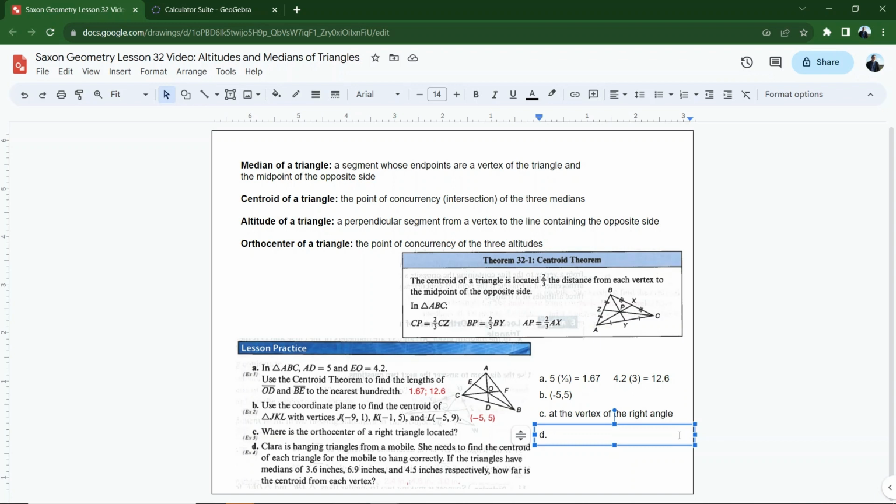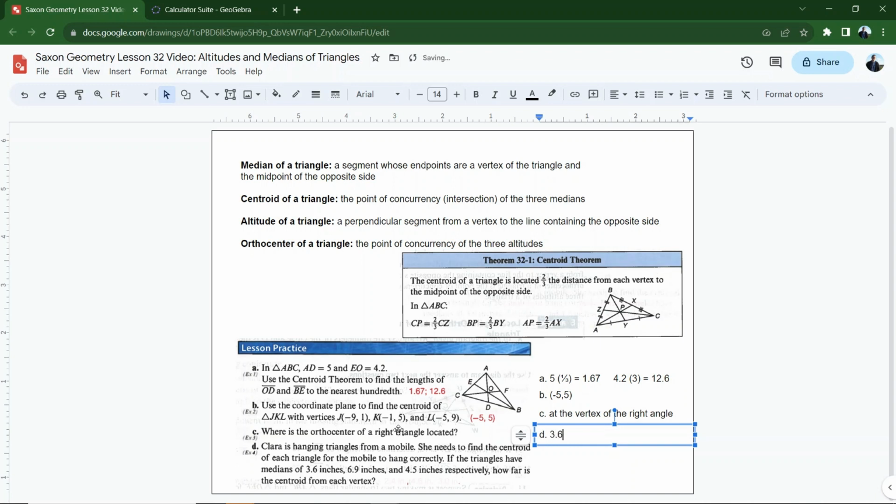Now notice it's asking from the vertex, not from the midpoint of the opposite side. So I know it has to be 2/3 the distance across from the vertex. So if this is the length of the median, it's going to be 2/3 the length of the median from each vertex.